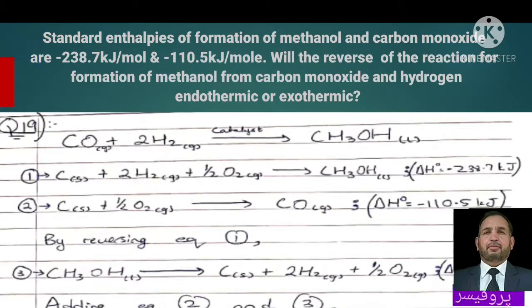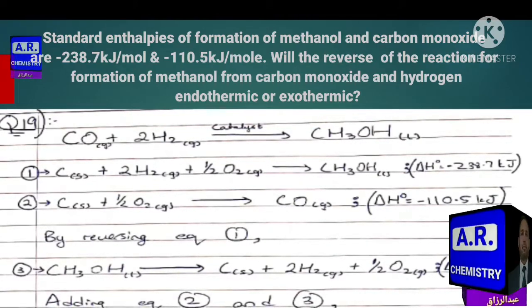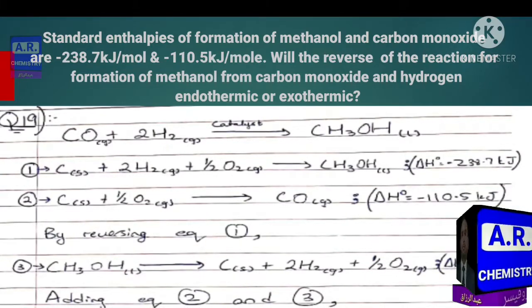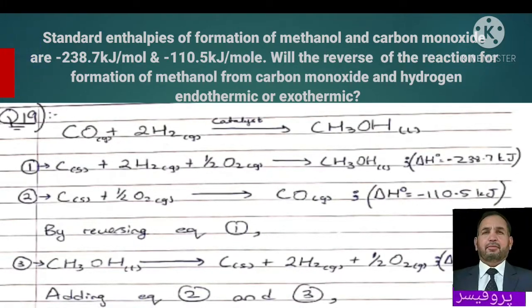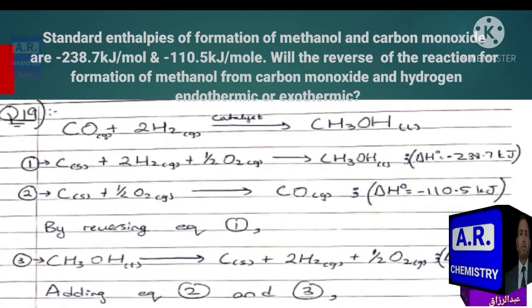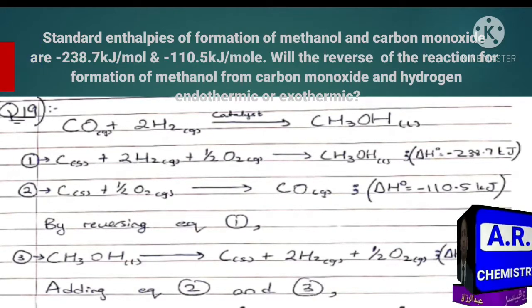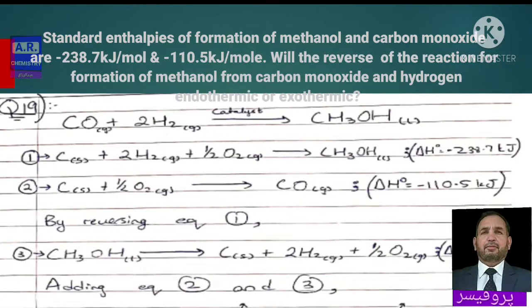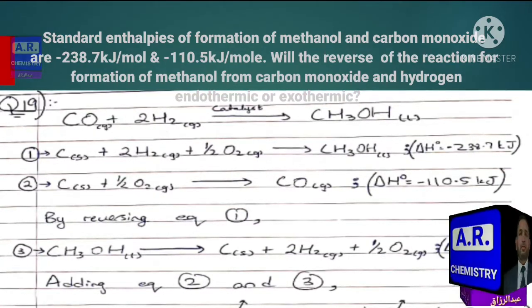You know that formation is only when these compounds or substances are obtained from their elements in standard form. Methanol consists of carbon, hydrogen and oxygen. So while writing the formation reaction of methanol, you are to pick elements in their standard state and they are used as reactants.